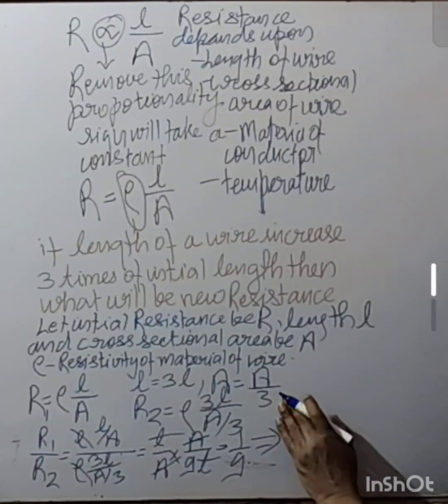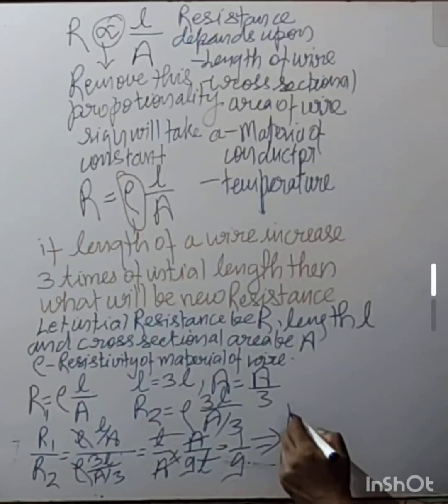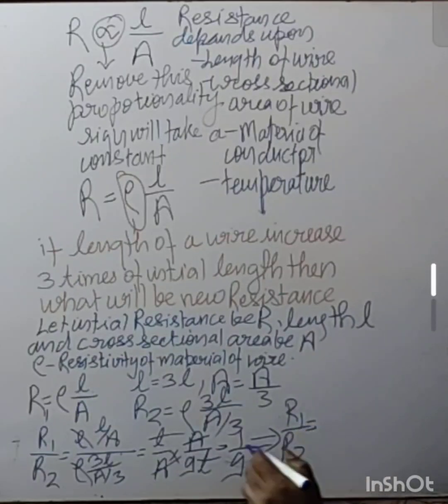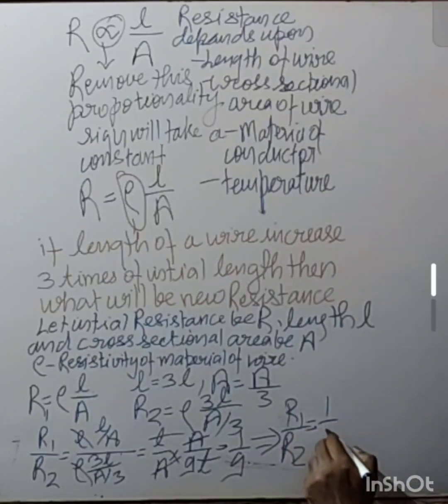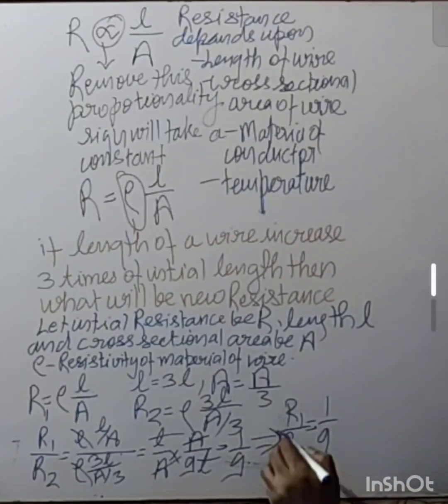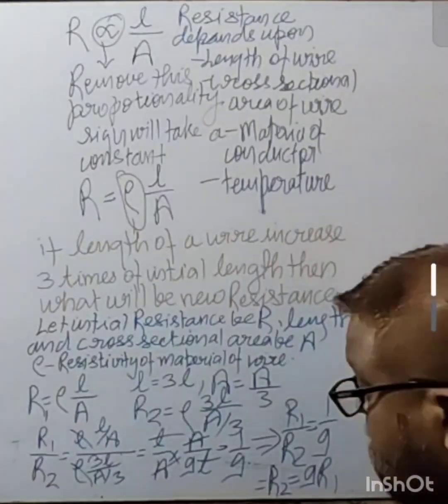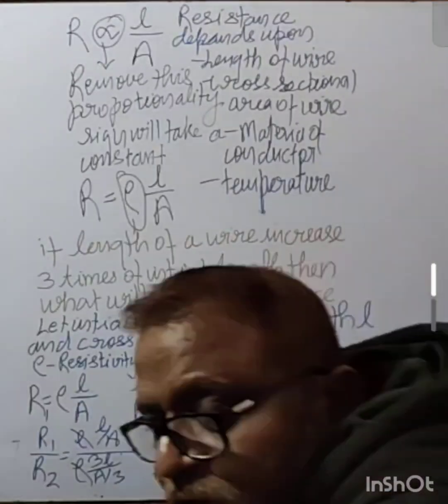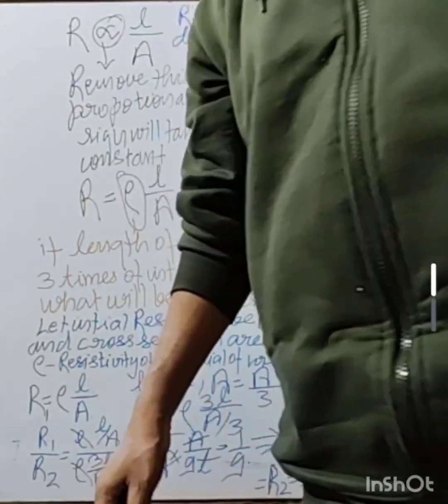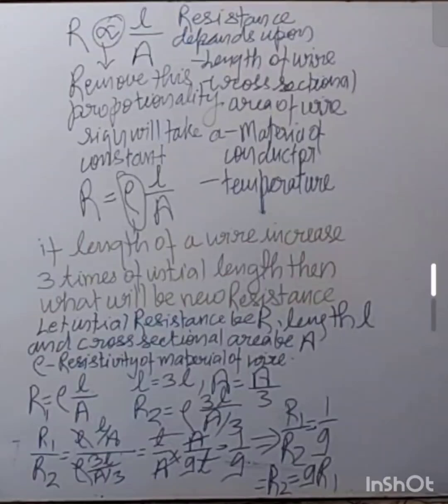R1 upon R2 is equal to 1 upon 9, or we can say R2 will be 9 times of R1. So resistance will increase 9 times of initial resistance. I hope you understand.